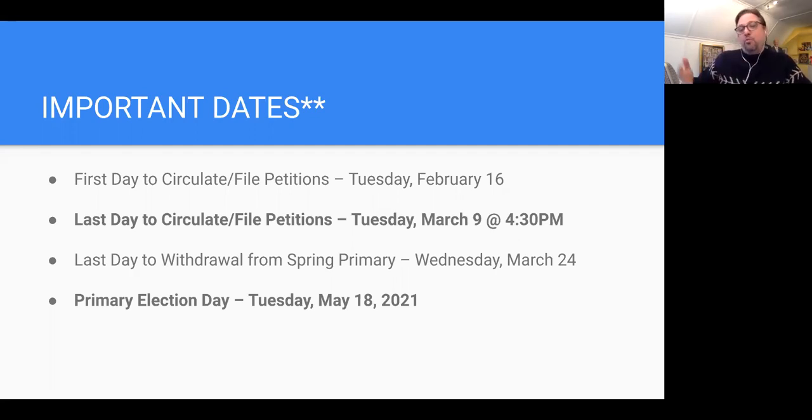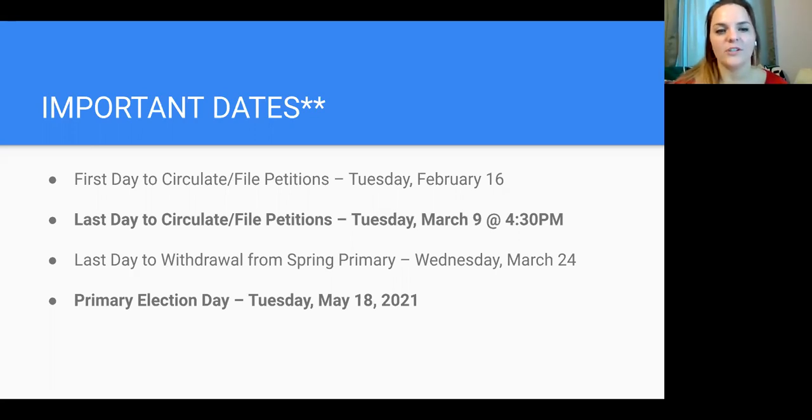We don't know what the world will hold for us come March 9th, so when you have a number of signatures you feel comfortable submitting, I would recommend getting them in early as well. And you can always file supplemental petition sheets. If you turn in the amount you need, along with your candidates' affidavits, and then decide to circulate more petitions, you can always file them as a supplemental addendum with the office.